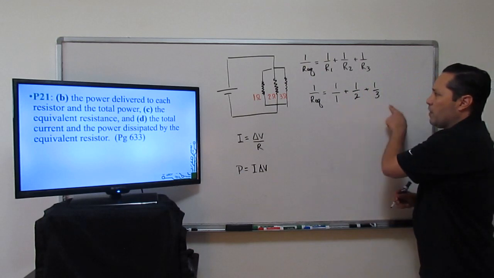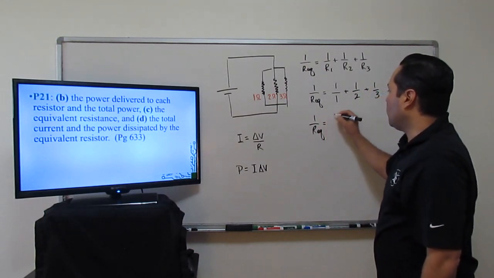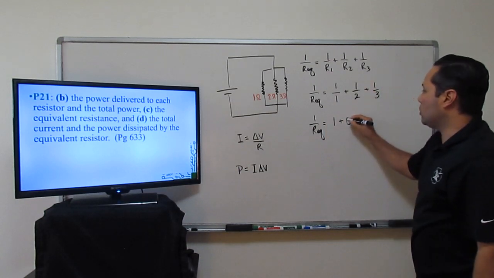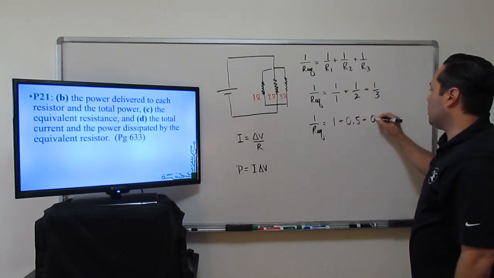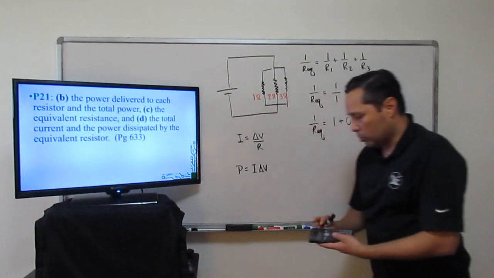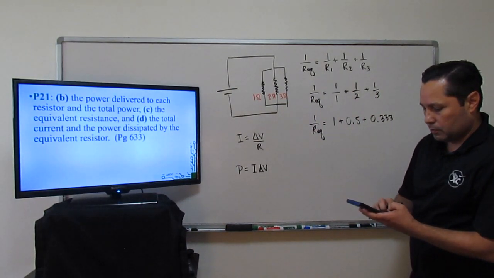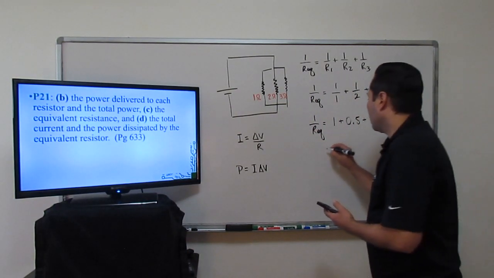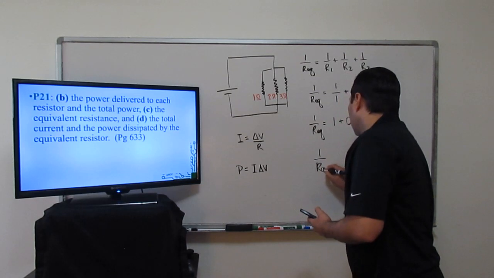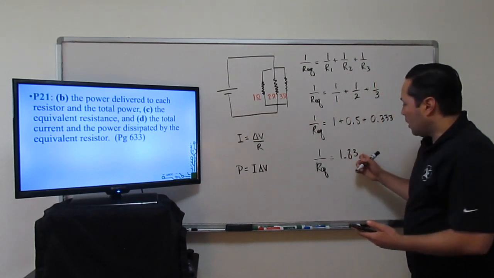All right, so let's get the value for all of these. Put them into your calculator: 1 over 1 is just 1, plus 1 over 2 is 0.5, plus 1 over 3 is 0.333. Let's add them all together. It gives us 1.833.